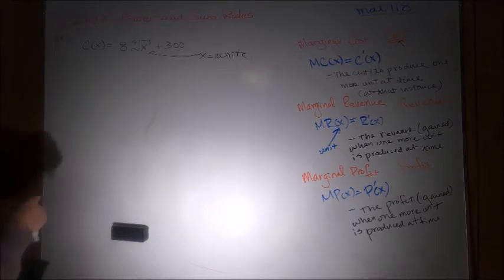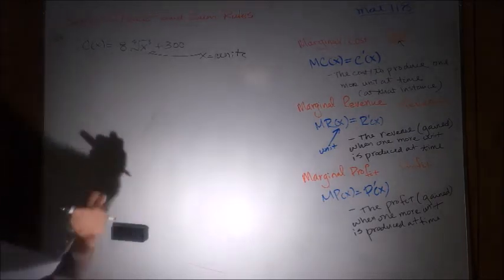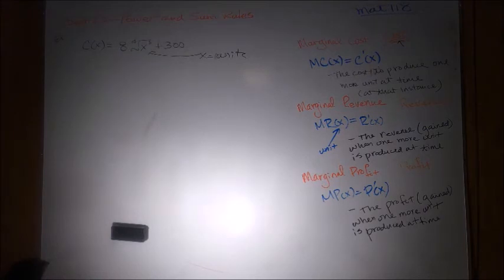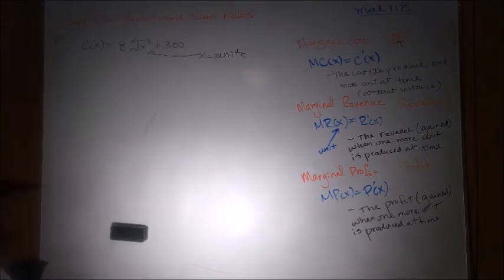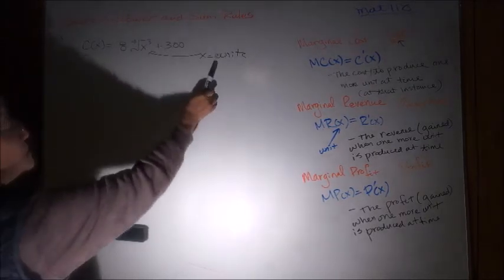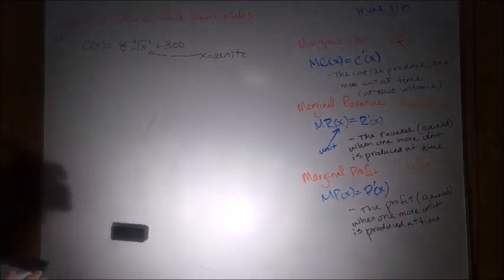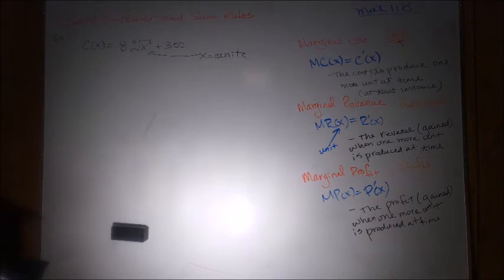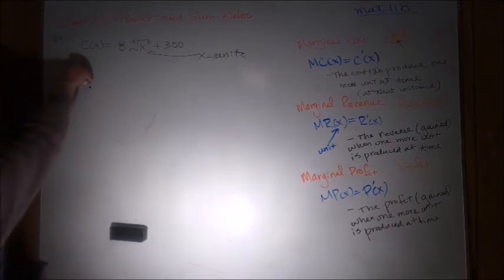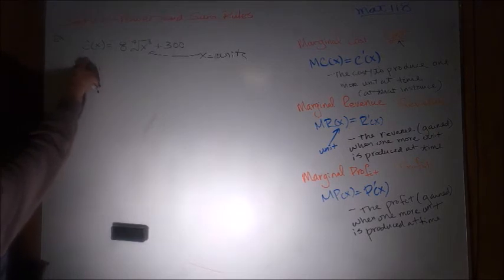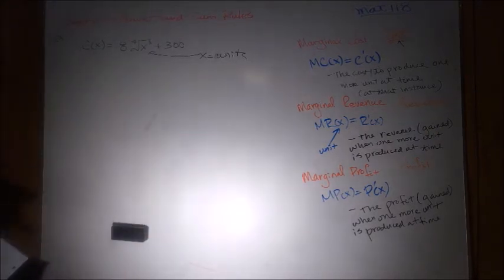So first you need to figure out what x is. Here, x means the number of units, how many flashlights are produced. C is the dollars and x is the number of flashlights.